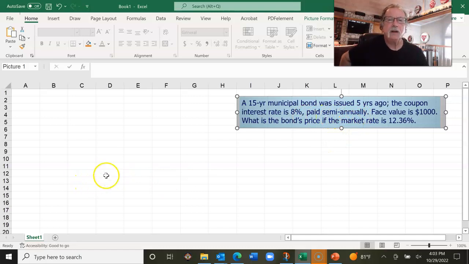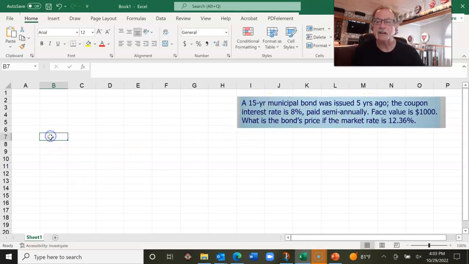It was issued 5 years ago, so there's 10 years left on it. Let's assume we're at an interest payment date. This is exactly the way that it's done in industry, except if you buy or sell the bond on a non-interest payment date, things get a little messy, but it can all be calculated relatively easily. But let's assume it's on an interest payment date.